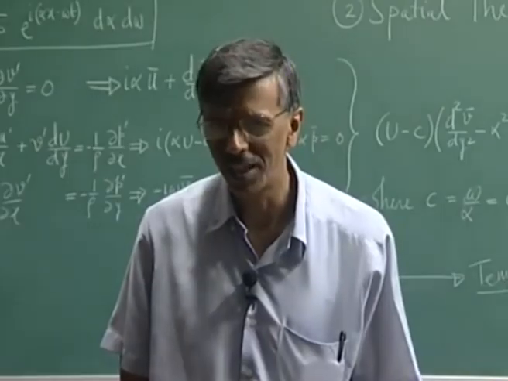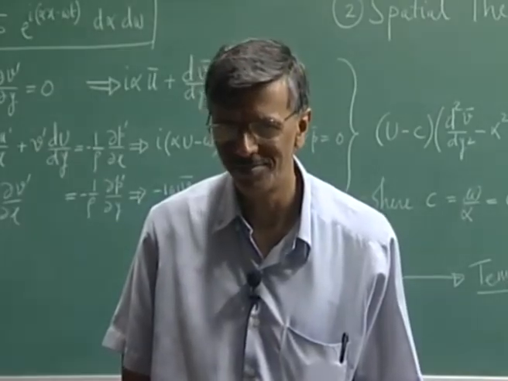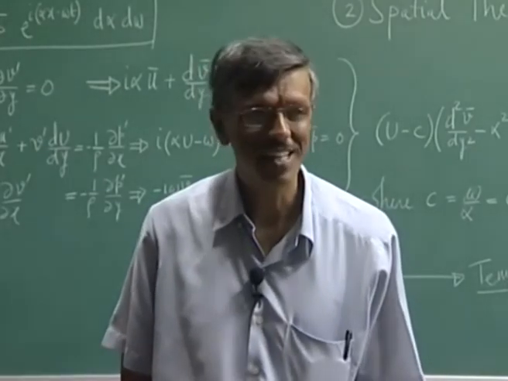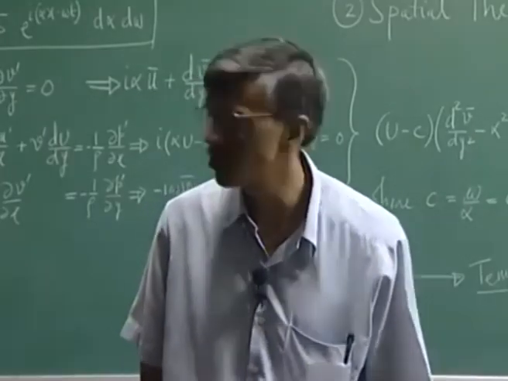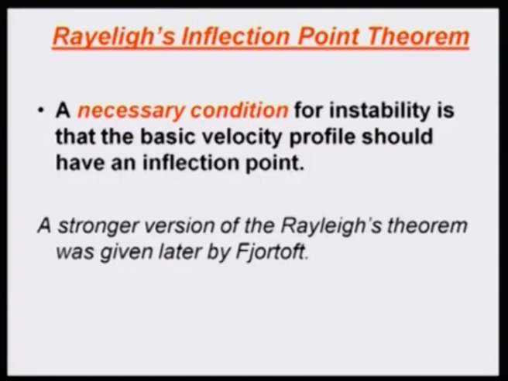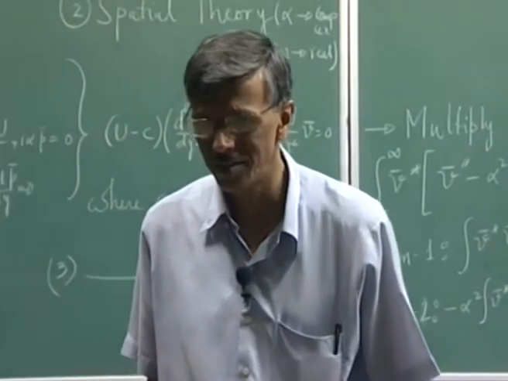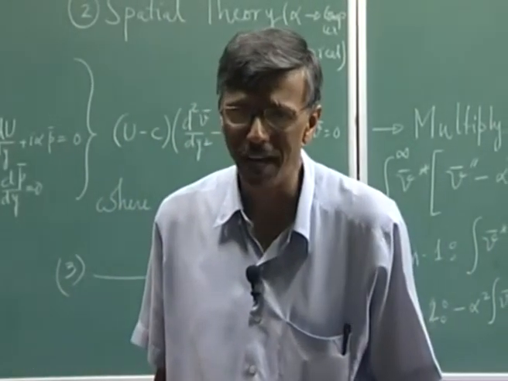What happens to its second derivative? There the second derivative is 0 right at the wall. So this Rayleigh's inflection point theorem, which gives us a necessary condition that there must exist an inflection point, requires this inflection point to be in the interior of the domain. It will not be necessarily on one of the ends of the domain.